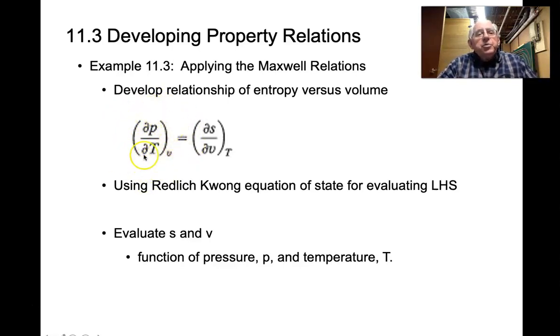And so this particular term here is related to the saturation pressure temperature relationship. And we see that that's equal to the partial of entropy with respect to volume during a constant pressure process, which we know the phase change is.